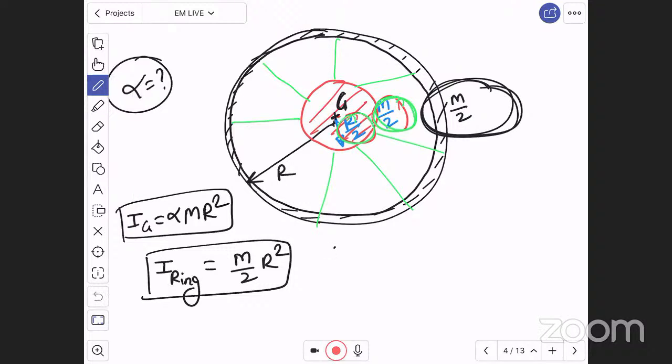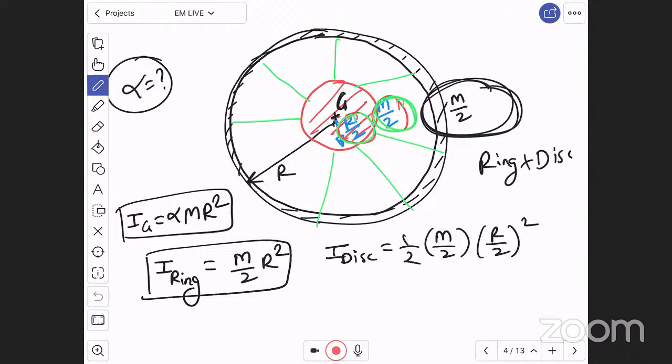Therefore, I for the disk is half the mass of the disk, that is M by 2, times the radius squared, that is (R by 2) whole square. The radius of the disk is R by 2, right? And the total device is ring plus disk.